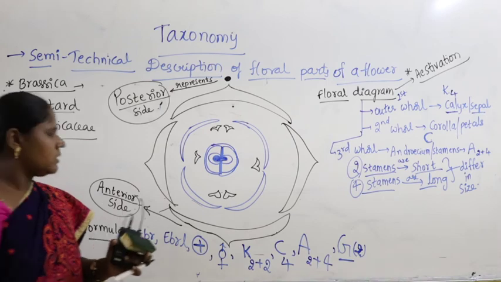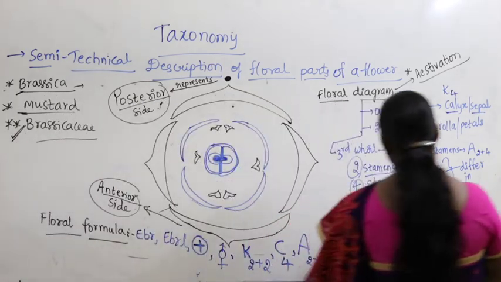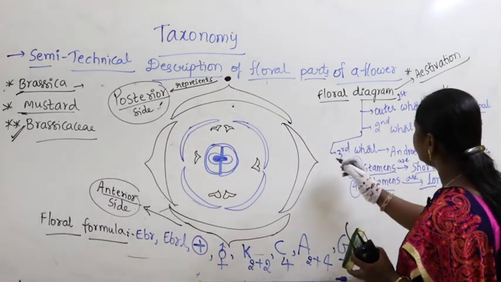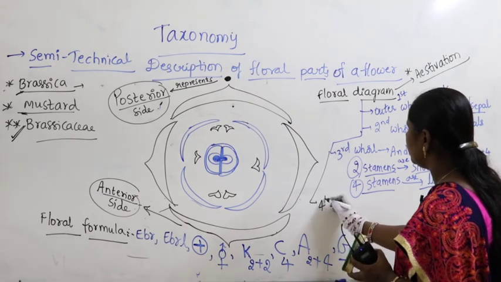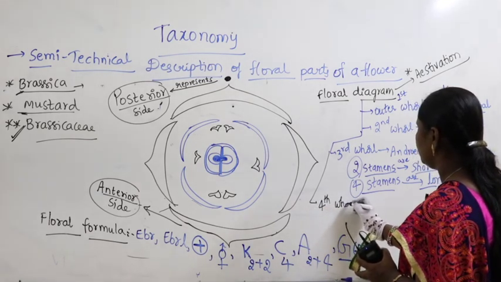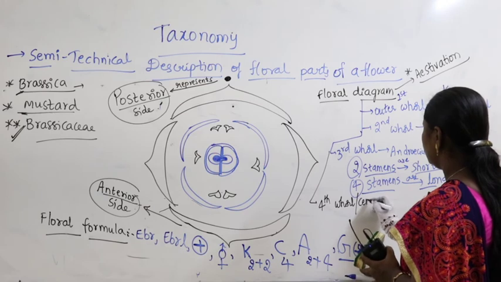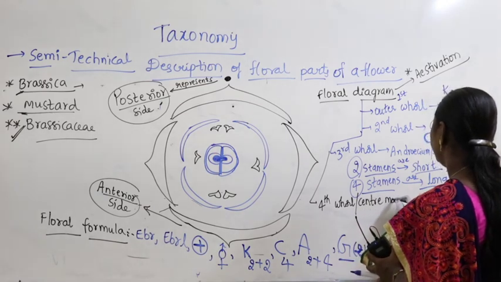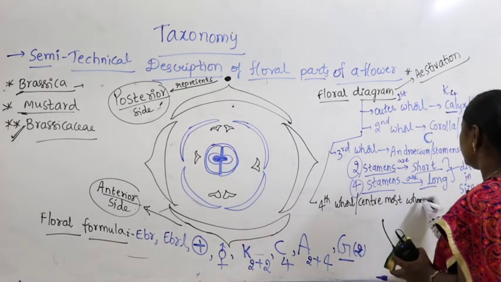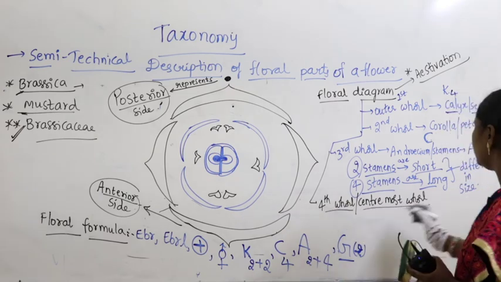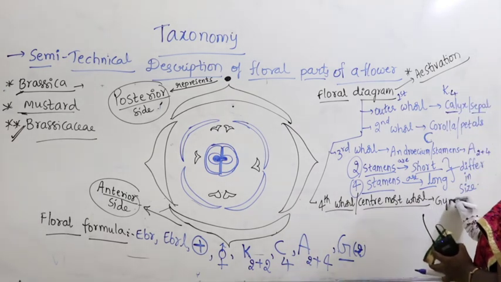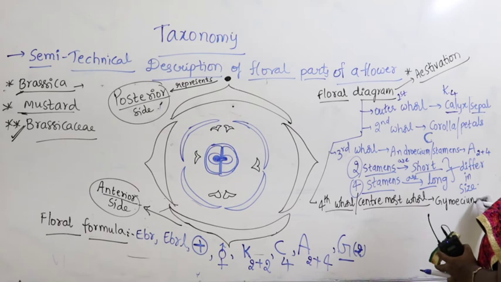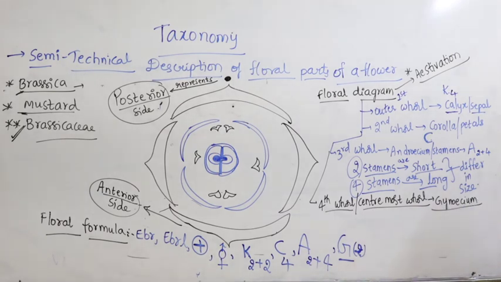So here we write the number as 2 and the 2 are fused, so we keep it in a bracket. So these 2 carpels are fused, joined, that is why they are kept in a bracket. So here we write the 4th whorl, or we say the centermost whorl. What is that centermost whorl? The centermost whorl is nothing but gynoecium, right. What are the conditions of gynoecium?